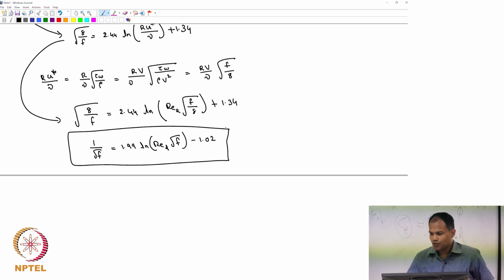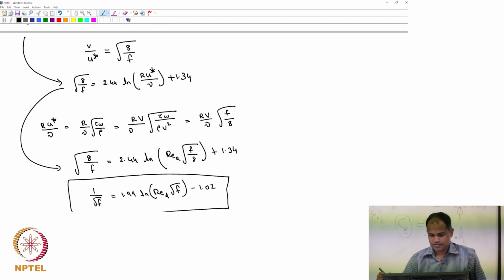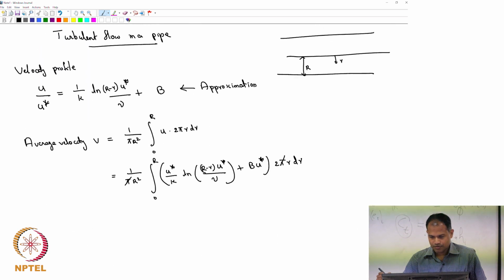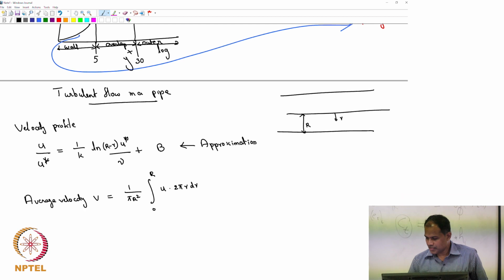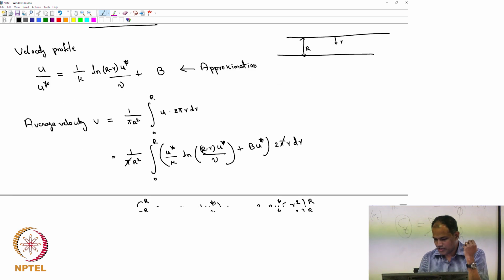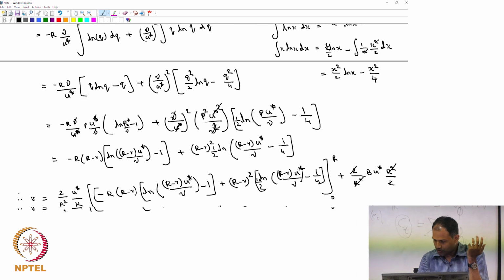So let's just go through what we have done. We started looking at the turbulent flow through the pipe, and we said the velocity profile is simply given by the overlap layer law, which is the logarithmic law. We assumed that is the case, and then we calculated an expression for the average velocity.